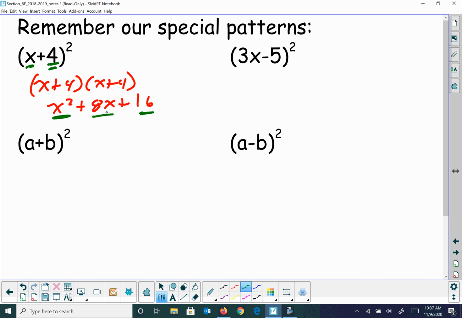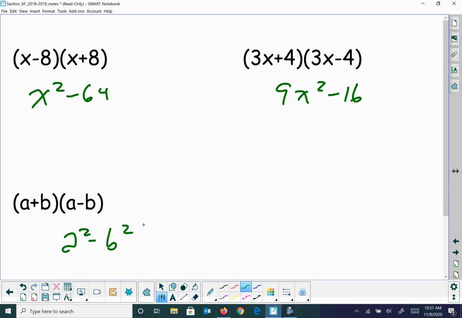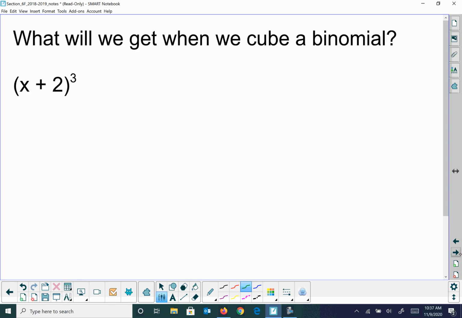But if you just know how to FOIL it out, you're fine. Okay, and all of these are basically the same. The one you want to recognize is difference of two squares. So the outside and the inside terms cancel each other out automatically.